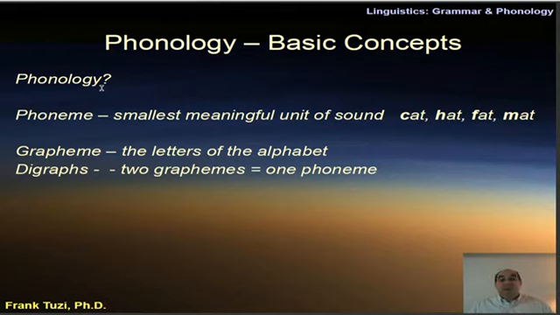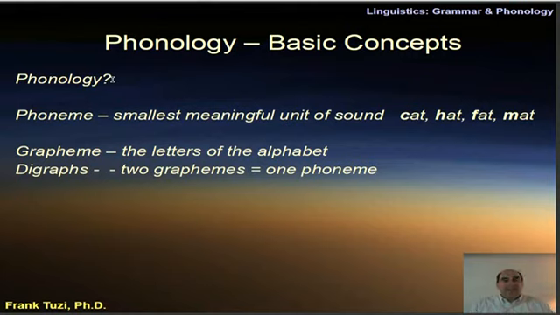Basically, what I want to show you is how we identify sounds and how we represent them so that we can write them down. If you look at a dictionary, you oftentimes see the pronunciation scheme somewhere written. Typically, it now uses the International Phonetic Alphabet to do that. But that's phonology, the study of the sounds of language.